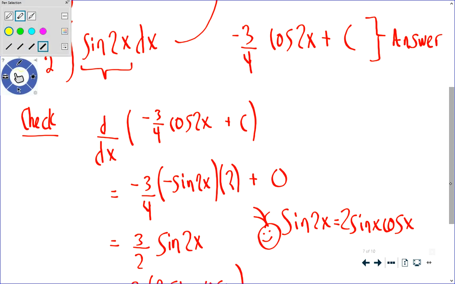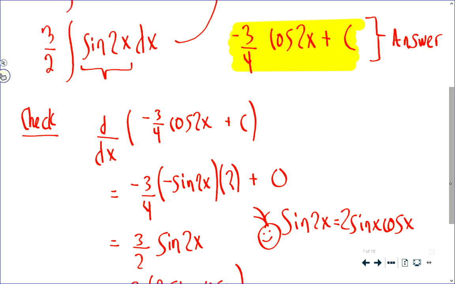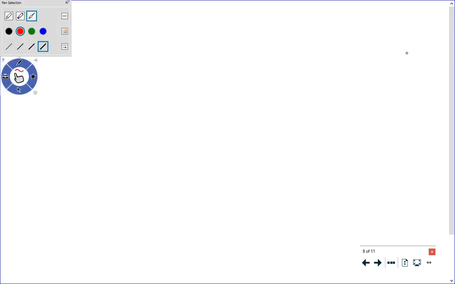Now, it's not the only answer. I told you that there are at least 3 ways to approach this. And I'll be honest with you, this is not what I would have done. I wouldn't have used an identity. I would have done something different that requires a little bit of weird thinking. So let me rewrite the integral that we were after.